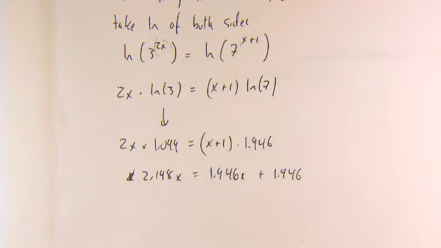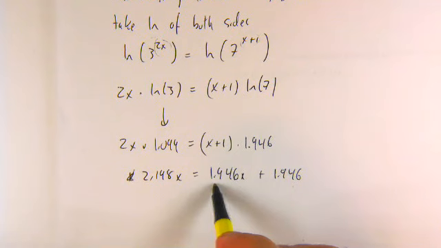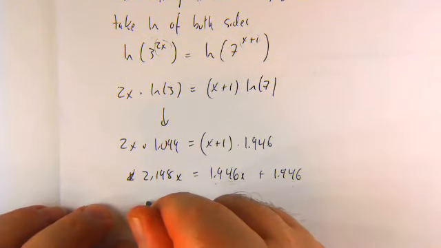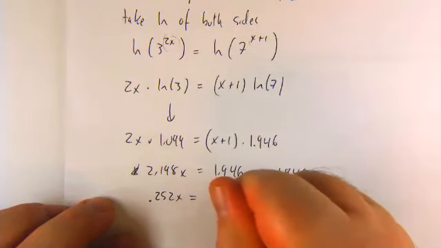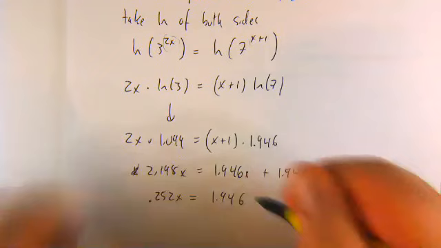So we'll subtract this term from both sides. That gives me 0.252x equals 1.946.